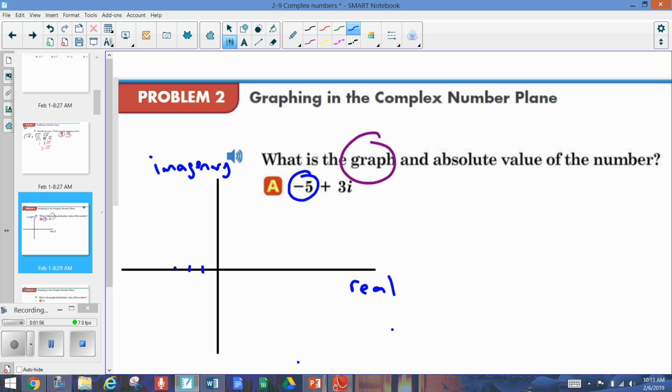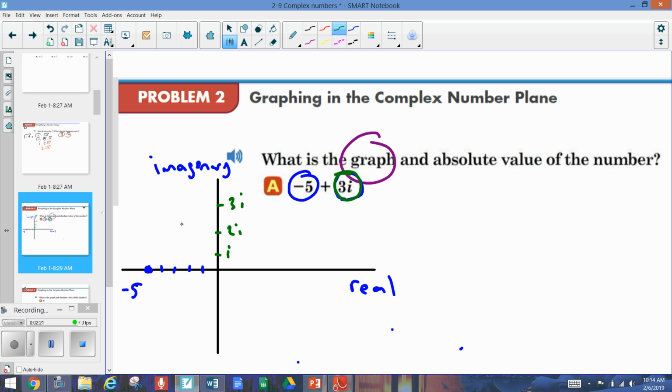1, 2, 3, 4, 5. And where is the imaginary portion? 1i, 2i, 3i. Okay, vertical one, in which y-axis is the imaginary. So we do that. 1i, 2i, 3i, 4i, and so on. So it's right here.